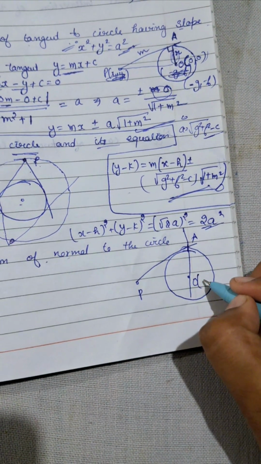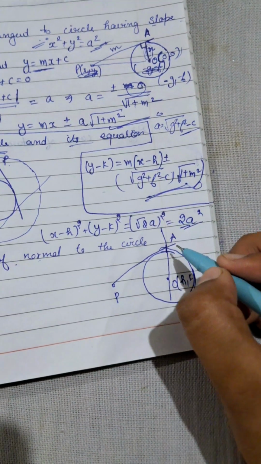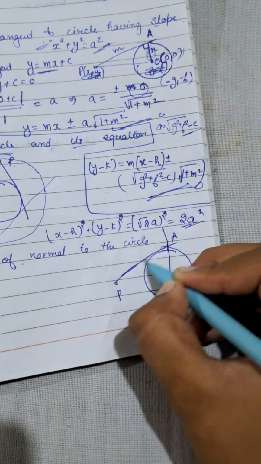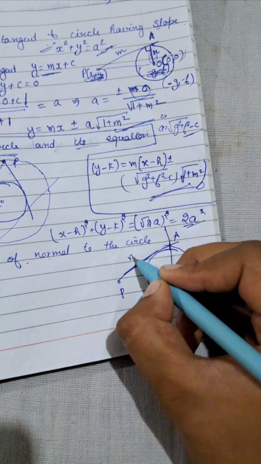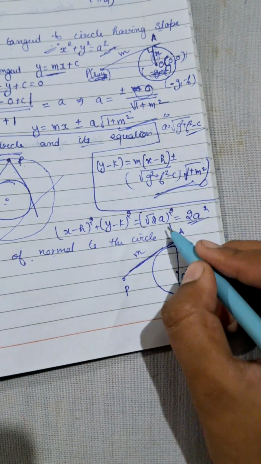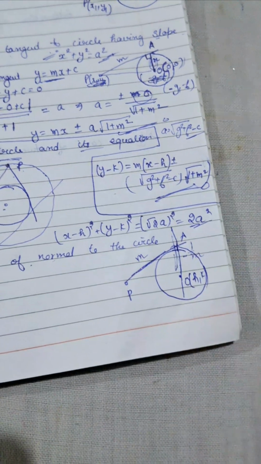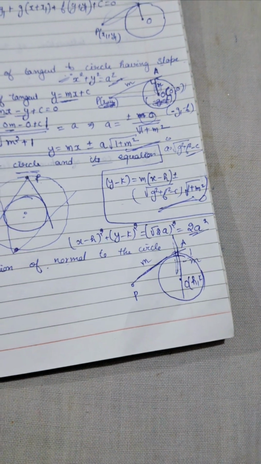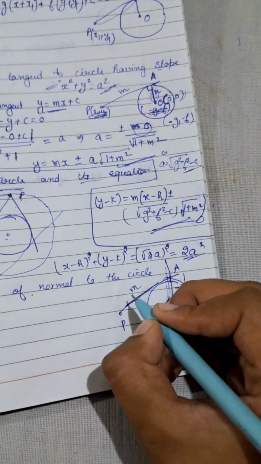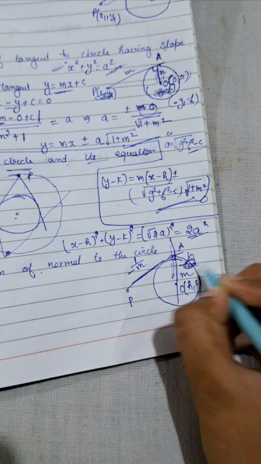Suppose the center is h k. Now suppose the slope of the tangent is m. Now we know that the slope of the normal is minus 1 by m, because when two lines are perpendicular, their slopes are negative reciprocals. So the slope of the normal is minus 1 by m.